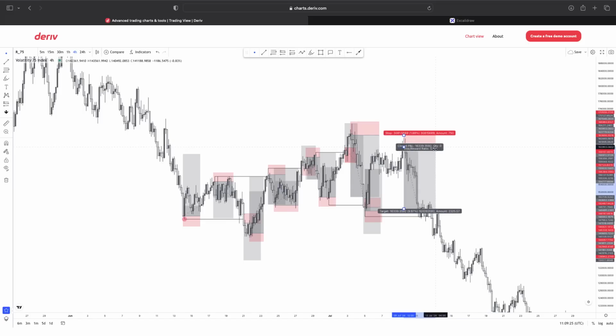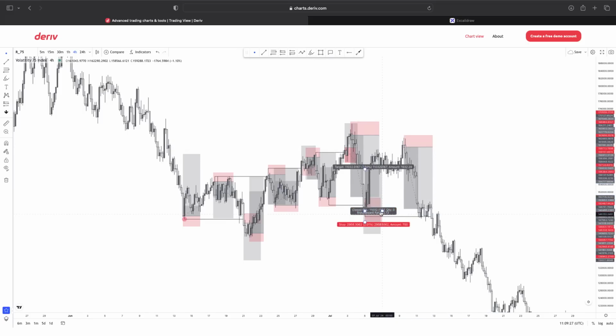Now, what's the target now? The target will be the sell side liquidity. Anyone that bought around this area here still has their stop losses below this low. Obviously, price will need to go and grab that particular liquidity. Anyway, guys, I just hope you understand now that liquidity is everywhere.